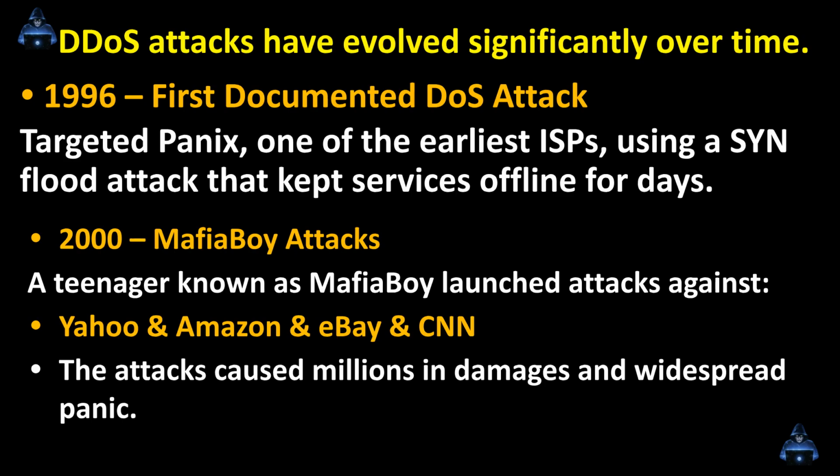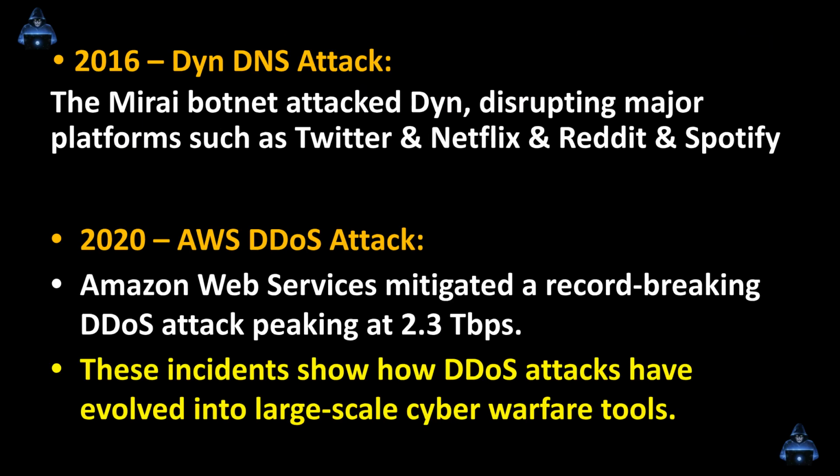In 2000, the Mafiaboy attacks hit major companies like Yahoo and Amazon, causing widespread damage. The 2016 Dyn DNS attack utilized the Mirai botnet, disrupting major platforms like Twitter and Netflix. In 2020, AWS mitigated a record 2.3 terabits per second DDoS attack, highlighting their evolution into large-scale cyber warfare tools.